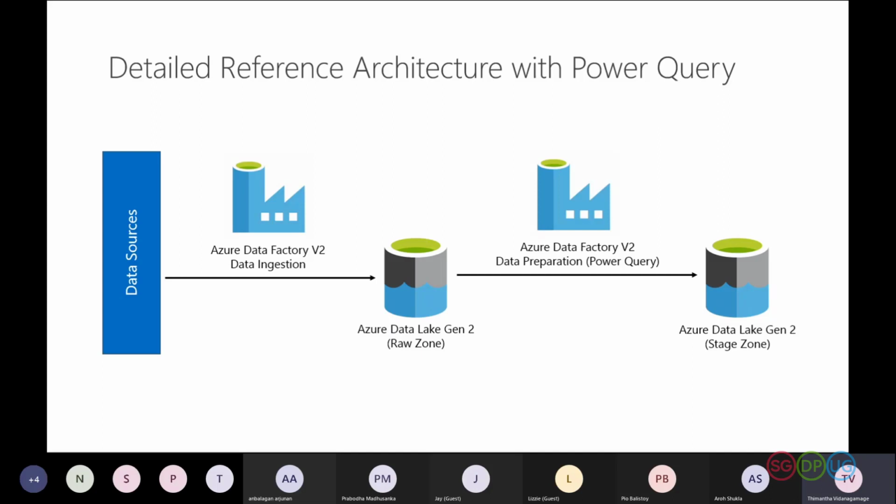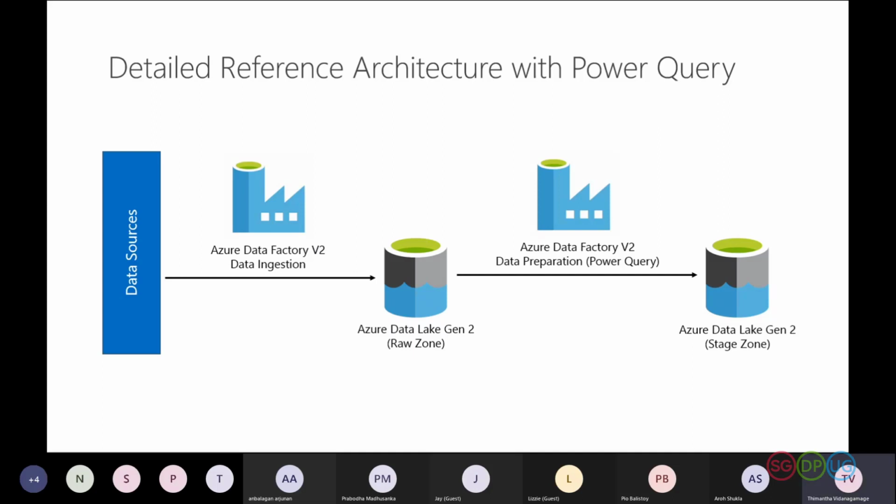So what are these zones in Azure Data Lake or in a data lake? Zones are used to organize data in a data lake. Each zone represents data in a different stage of a data lake solution.